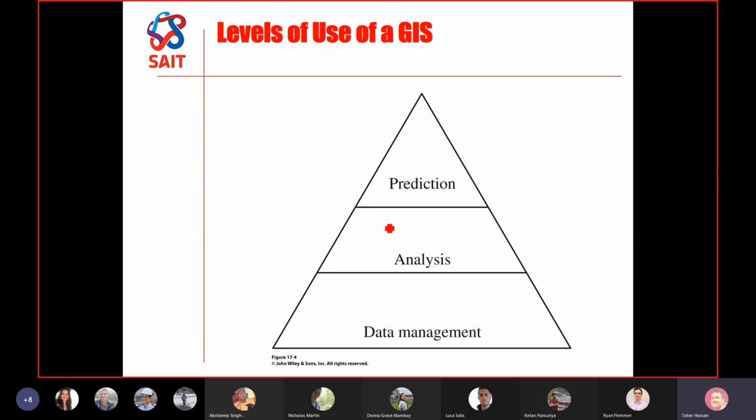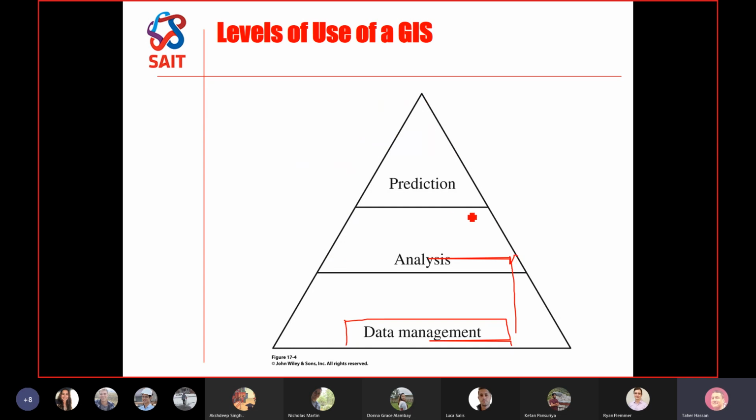Okay, the last slide is something called the GIS pyramid. GIS pyramid. And what does it mean? It simply tells you the different levels of GIS and how many people work at each level. So in GIS we can do data management. We can look at the data, clean them, connect them, merge them together. And then our next step is to do analysis.